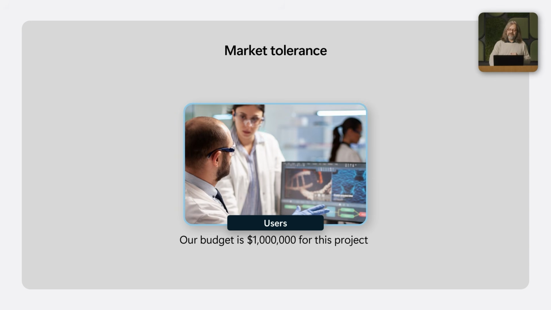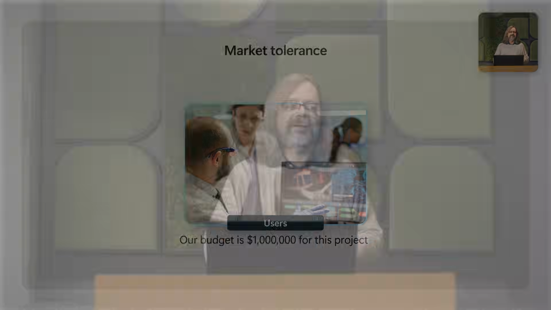Coming back now to our chemist, she may hear that her budget is up to $1 million for the project. And with that, the chemist will want to choose a quantum computer that is fast and consists of a few modules.